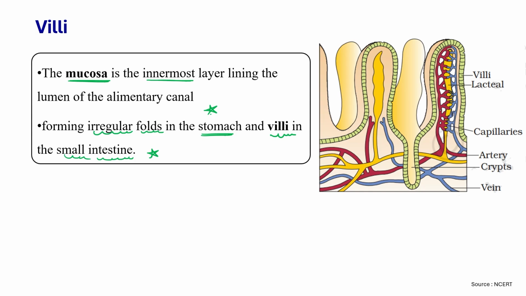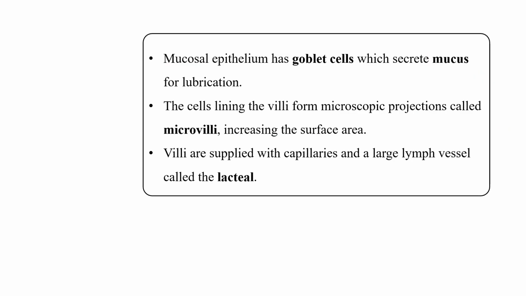Because of villi, the surface area of the small intestine increases, which helps it absorb more food. In the mucosal epithelium, goblet cells are also present, and these goblet cells help produce mucus. The use of this mucus is to provide lubrication in the alimentary canal.